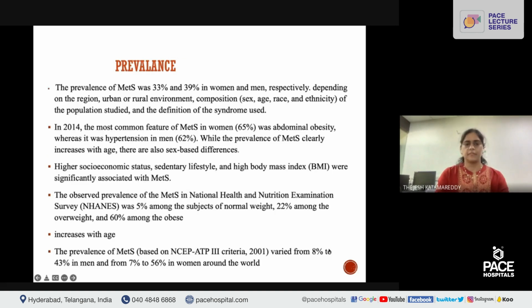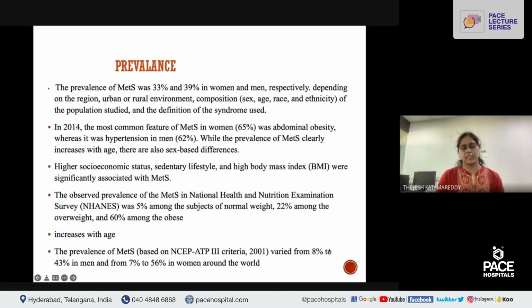Then coming to the prevalence of the disease. As we see, there is 33% prevalence in women and 39% in men, respectively. The prevalence also differs based upon the region, urban and rural environment, composition of the body fat, and sex, age, race, and ethnicity. The prevalence changes from place to place.